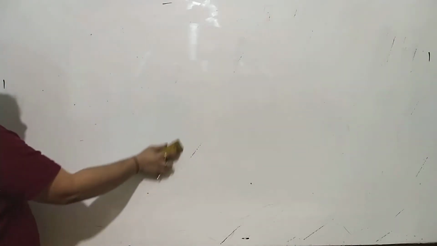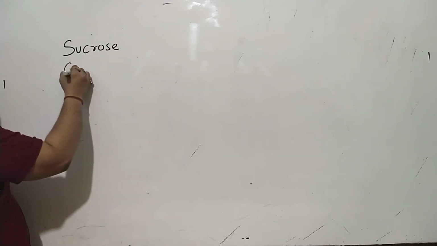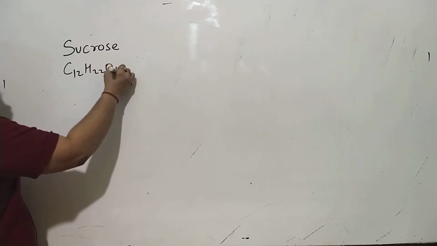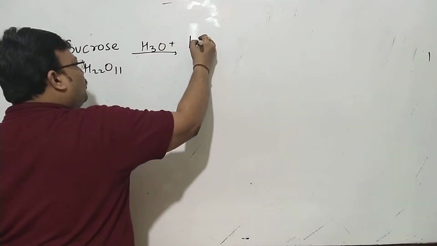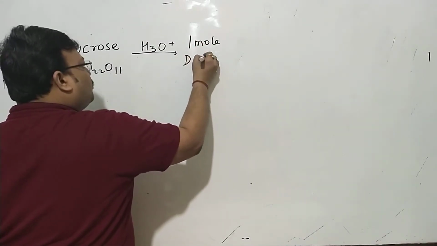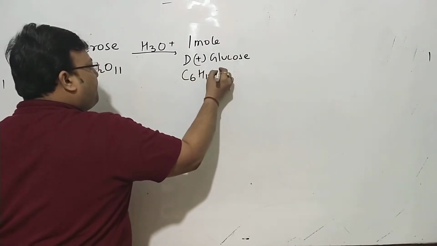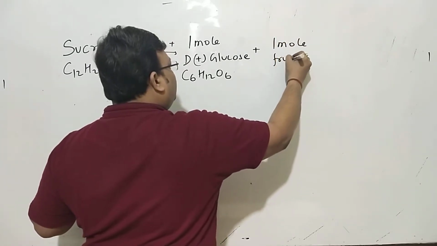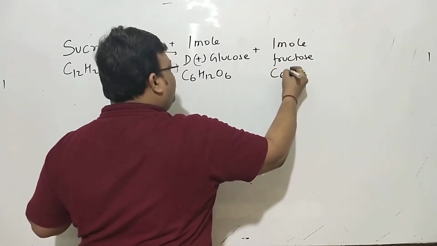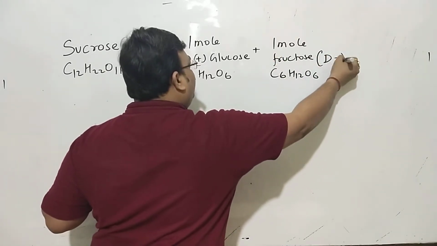And as I did tell you, sucrose as a disaccharide, C12H22O11, on hydrolysis produces 1 mole of D plus glucose, C6H12O6, plus 1 mole of fructose, again C6H12O6, which is D minus fructose.